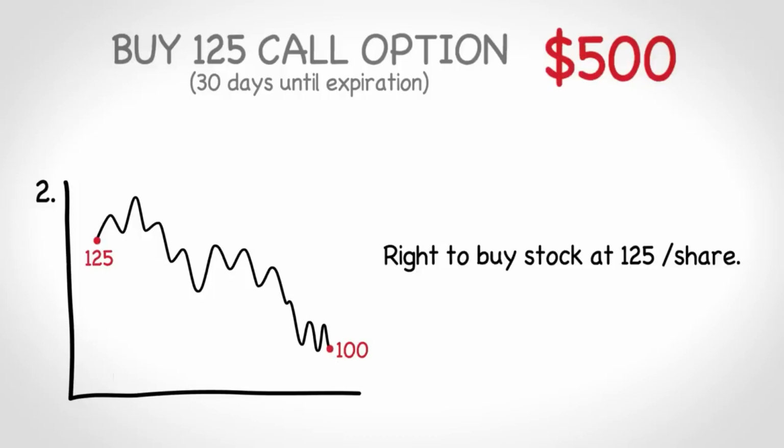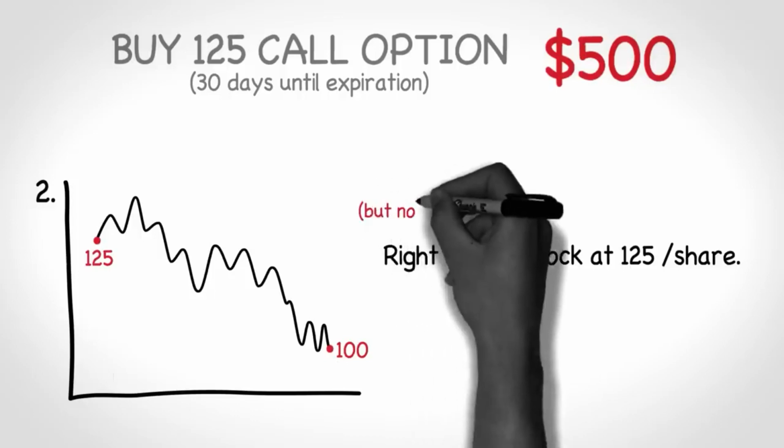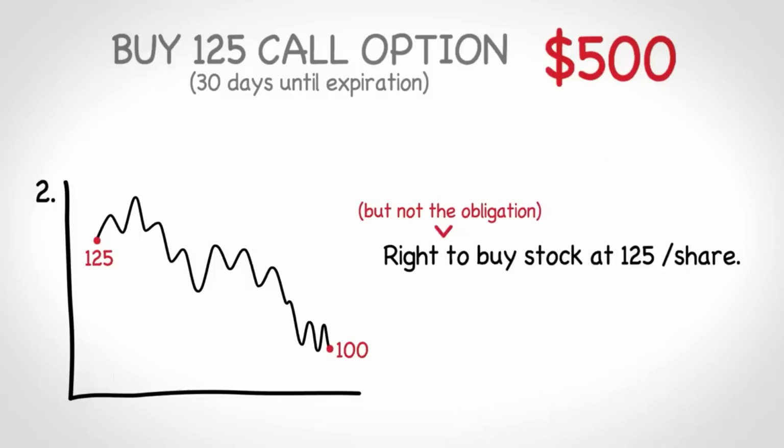Let's think back to the definition of a call option. It gives you the right, but not the obligation, to buy stock. So owning this call option doesn't require you to buy stock if you don't want to. And of course, you aren't going to exercise your right to buy stock at $125 if the current market price is cheaper than that.